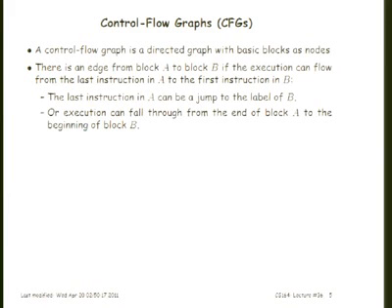Now, a slight caveat here: I say the last instruction, but you could conceivably translate a multi-way branch at the end into a couple of branches, but that's a detail. We'll treat that last branch as if it's a single instruction.